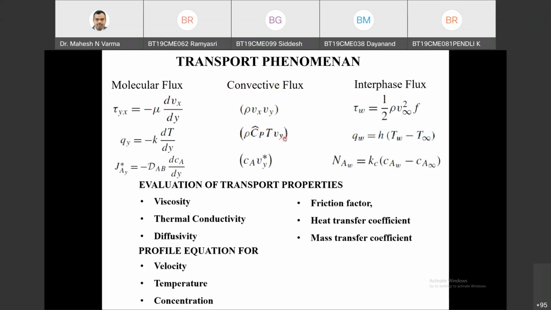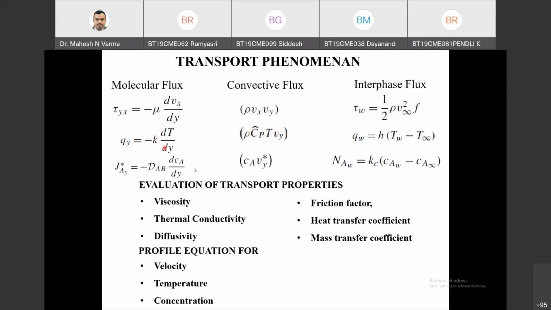Similarly for heat transfer, this is the heat flux in the y direction because of convection. Convection is giving me heat flux in the y direction. This is conduction in the y direction.